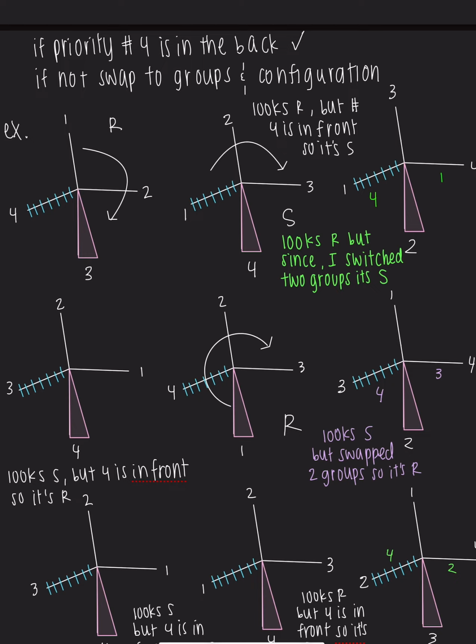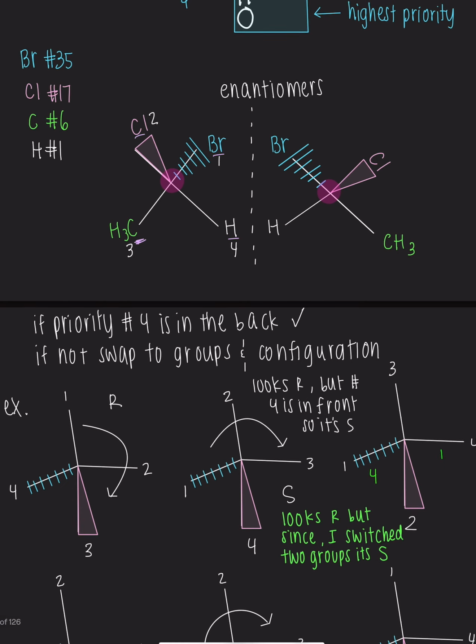And if it's like here, where hydrogen isn't in the front and it's not in the back, then you have to do what I call the swapping method. So what is the swapping method? Let's get into it. We know this is priority 1, this is priority 2, this is priority 3, and this is number 4.